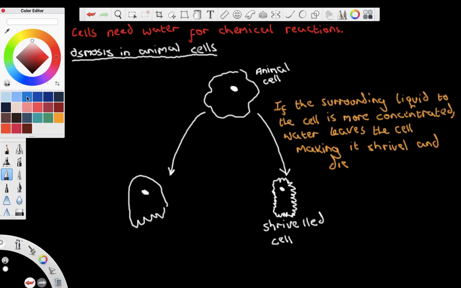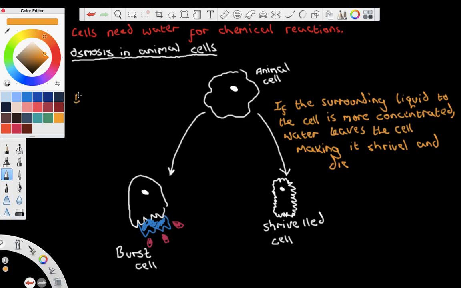We're going to use a nice blue colour and put some red around it to hopefully show that the cell is bursting. So this is a burst cell. If the surrounding liquid to the cell is more dilute, water will enter the cell and eventually it will burst like a water balloon.